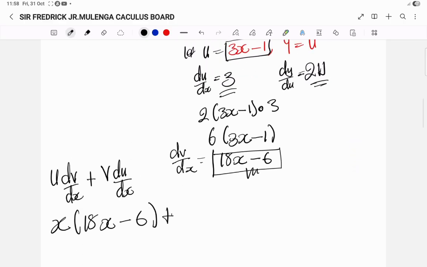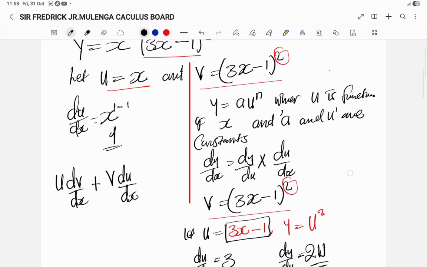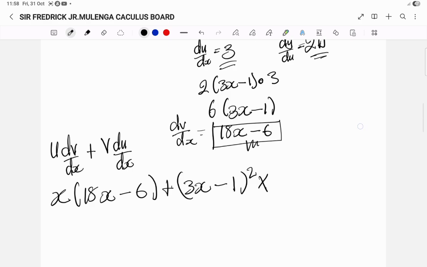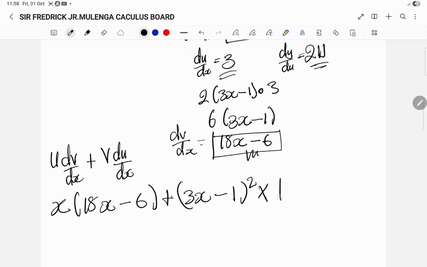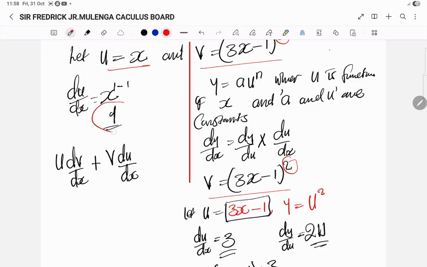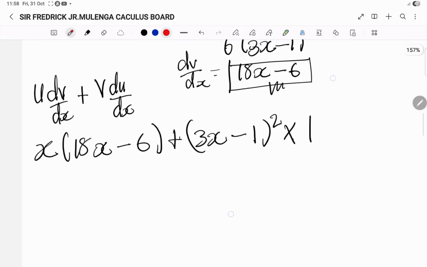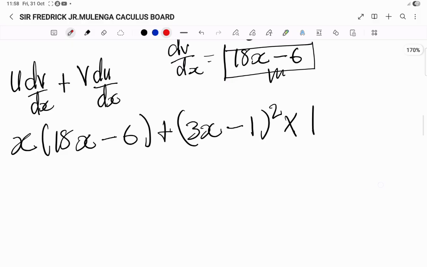So v is (3x minus 1) power 2 times, then what is my du/dx? So my du/dx is 1. So I've just picked this, which is here. That's my du/dx. So then we put it inside.